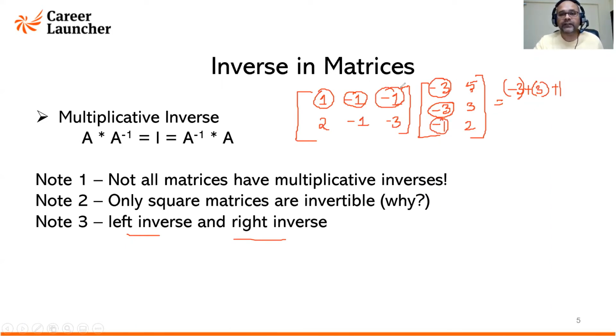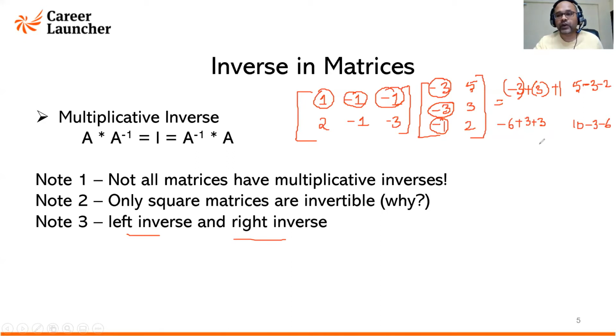Similarly, you multiply the first row and the second column, you will get 5 into 1, which is 5, minus 3 into minus 1, which is plus 3, and 2 into minus 1, which is minus 2. Similarly, if you write the others, you will get 2 into minus 3, which is minus 6, plus 3 and plus 3. And finally, the next number will be 10 minus 3 minus 6.